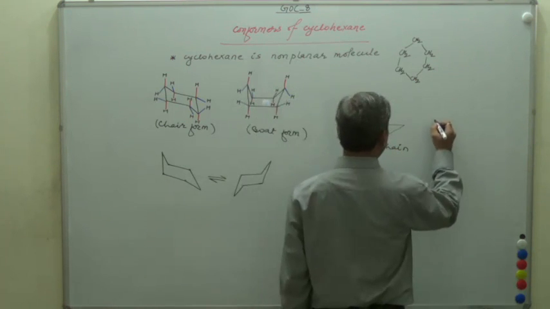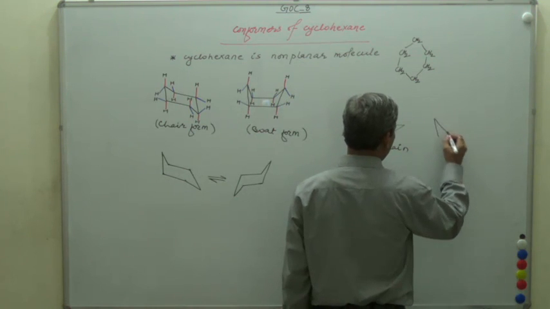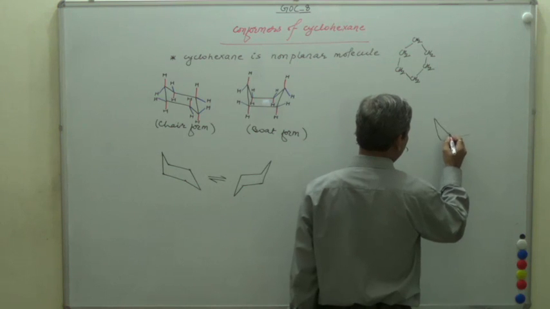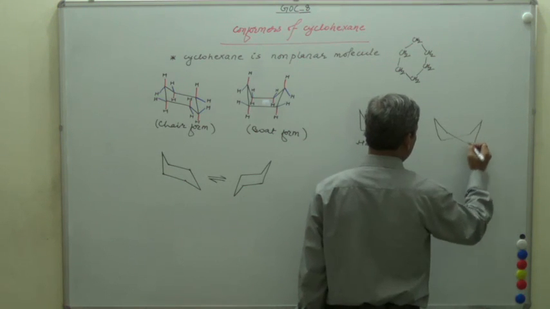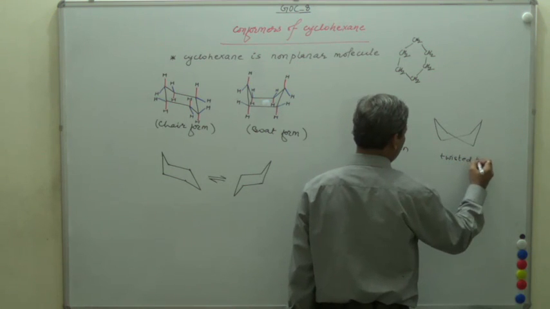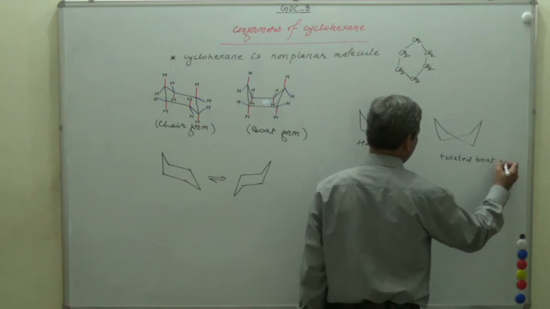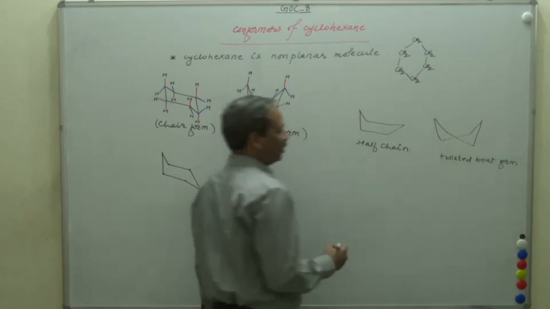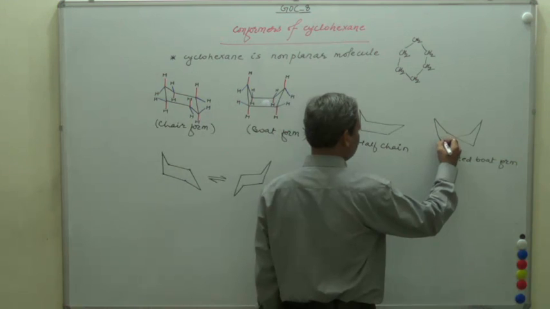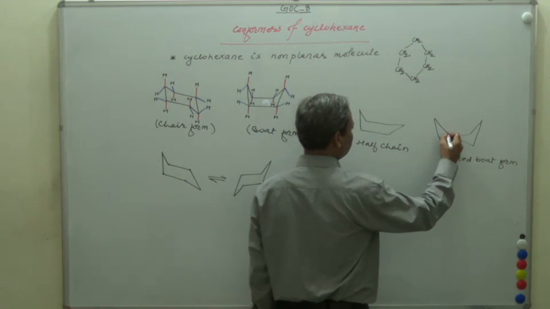And we can also draw the twisted boat form. But these are comparatively less stable forms of cyclohexane.